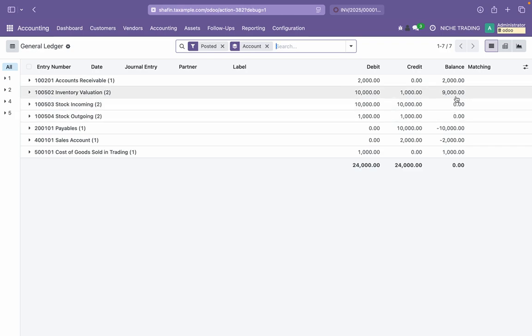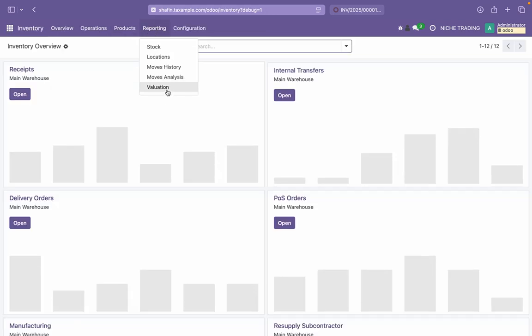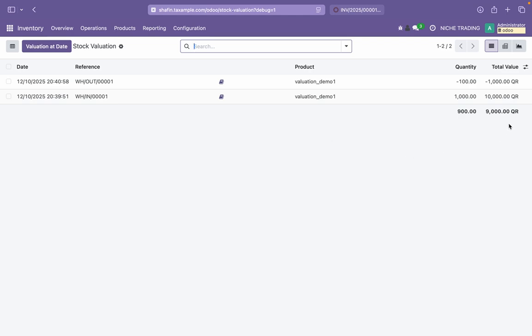All we have is our closing inventory at 9,000, and we just sold 1,000 of our closing inventory worth 2,000, right? So let's go to the inventory model and we check the valuation. The valuation says the total value is 9,000 reals. So this is how the whole ecosystem works under Anglo-Saxon.